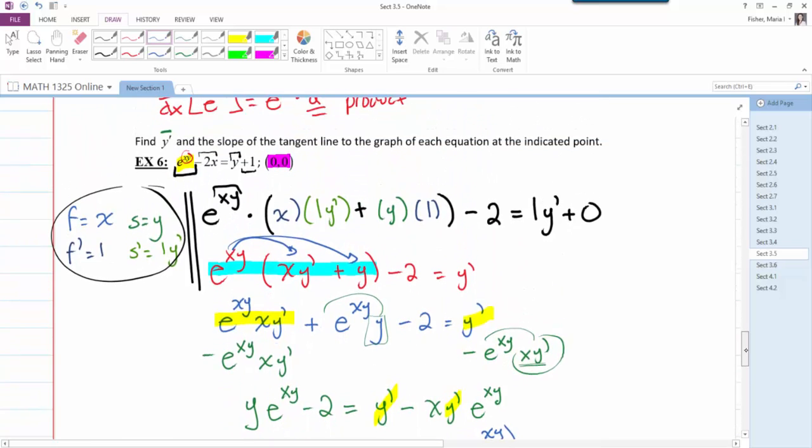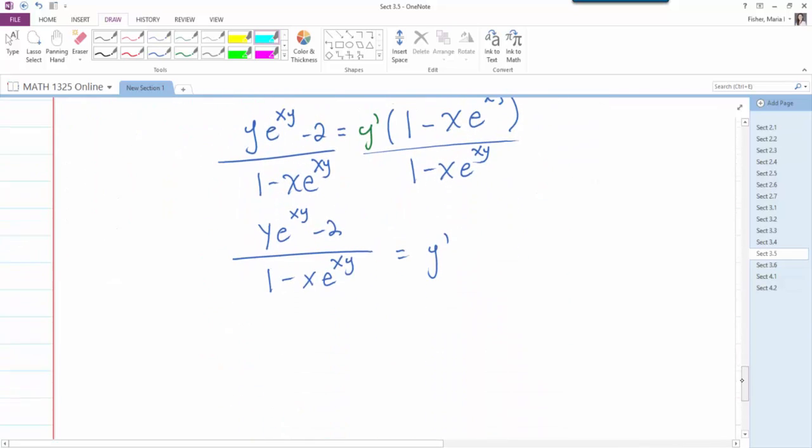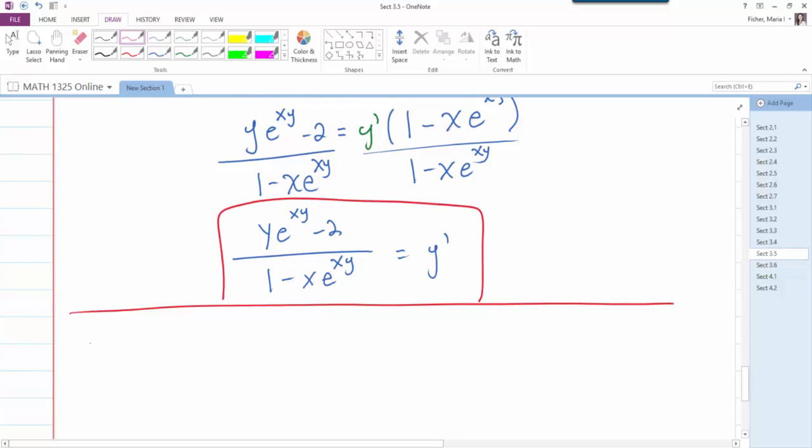So now what we want to do is find the slope of the tangent line to the graph at the indicated value, so at 0, 0. So that just means we're going to evaluate y prime. This is the first part. So evaluate y prime at the point 0, 0.